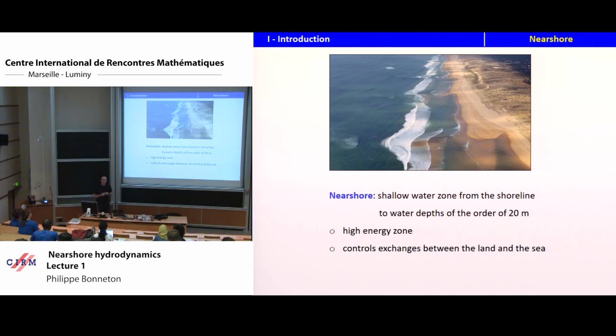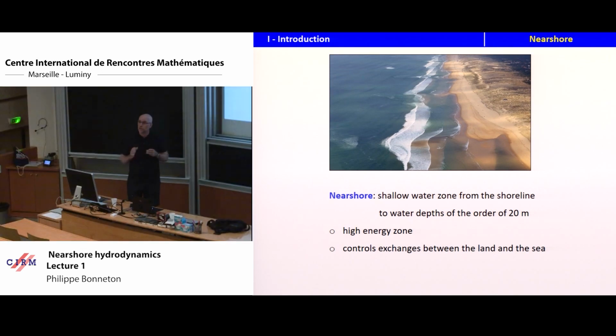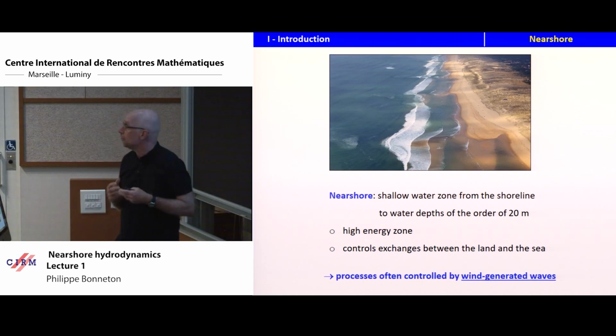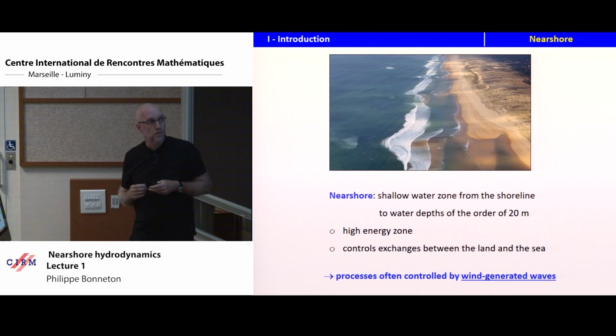Exchanges in terms of pollutants, nutriments, and also sediments. So this zone plays a very important role between the land and the sea. So it is very important to study this nearshore zone.